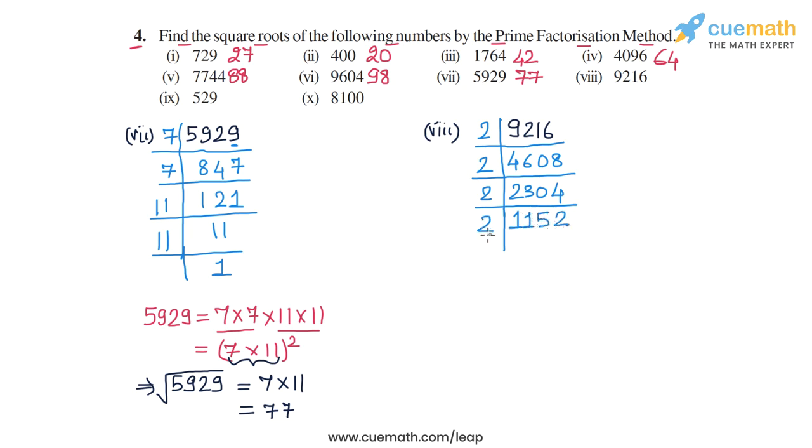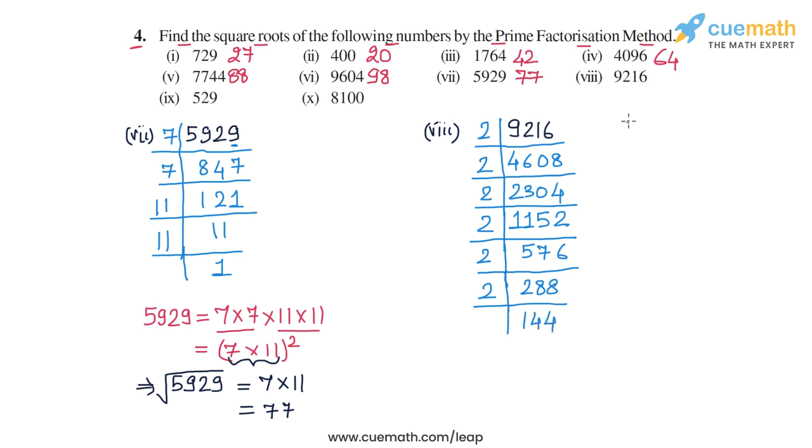Again this is divisible by 2. So we divide this by 2, and that gives us 576. Divide this by 2 again, and that will give us 288. This is again divisible by 2, so that gives us 144.